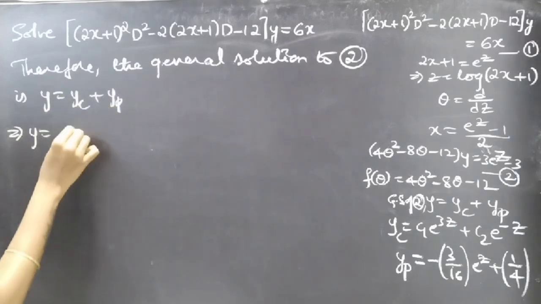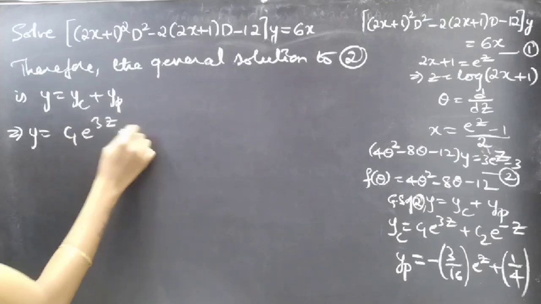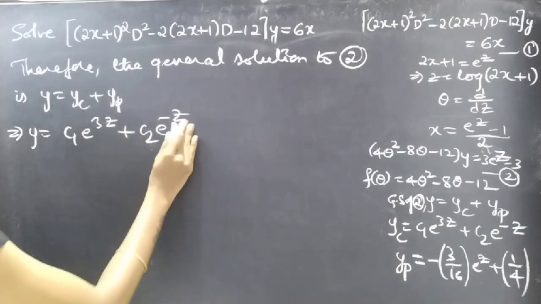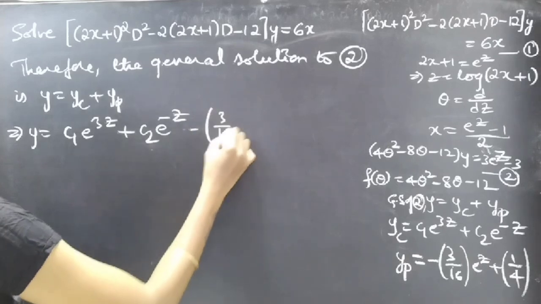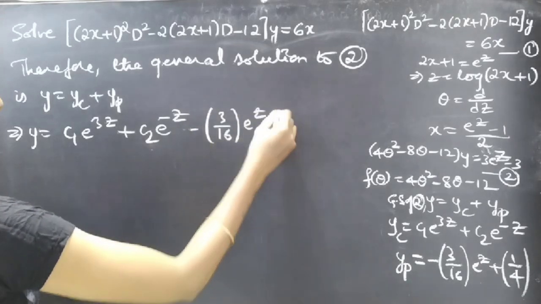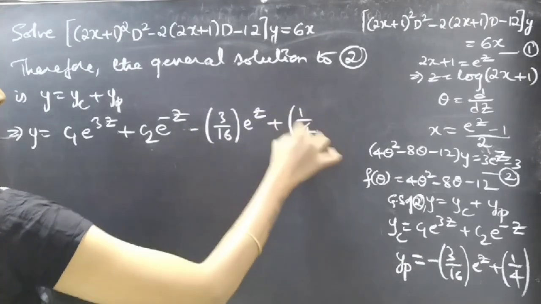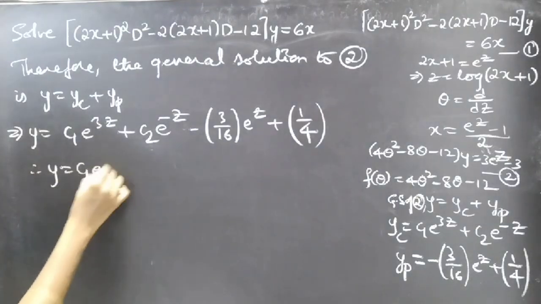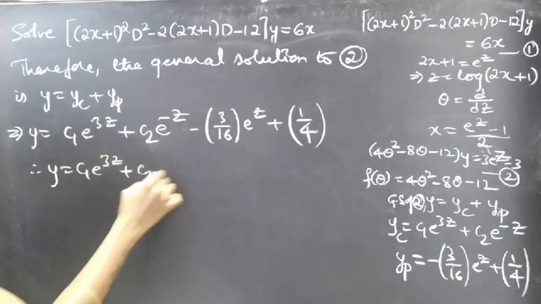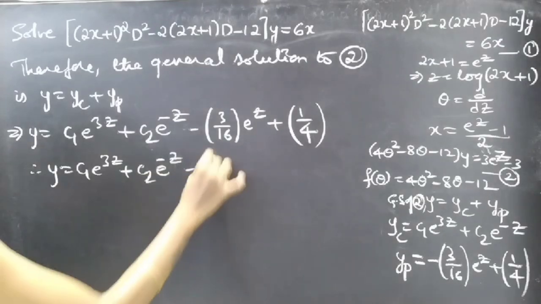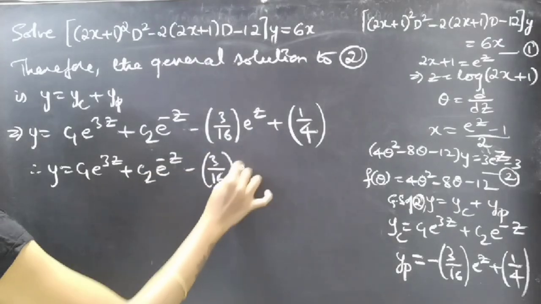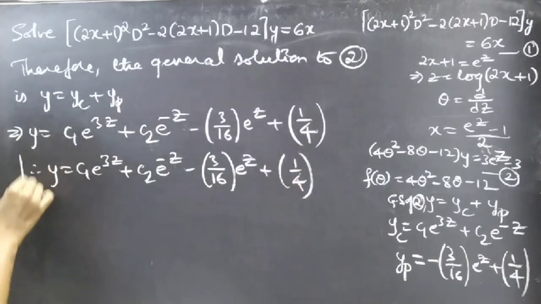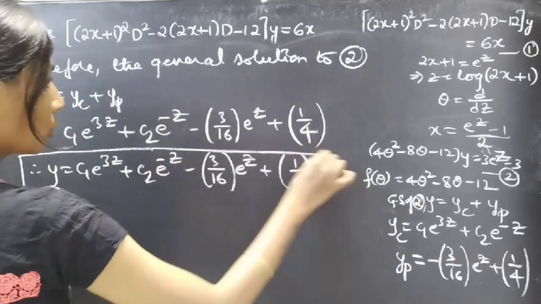Then y equal to yc, c1 e power 3z plus c2 e power minus z, plus yp, which is minus 3 by 16 e power z plus 1 by 4, right? Therefore, y equal to c1 e power 3z plus c2 e power minus z minus 3 by 16 into e power z plus 1 by 4 is the general solution to the reduced equation, that is equation 2.